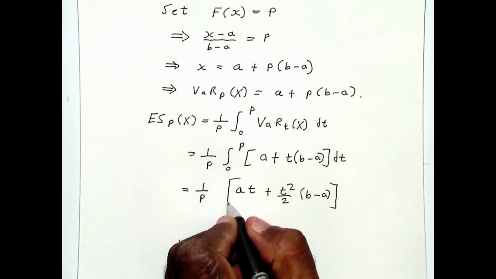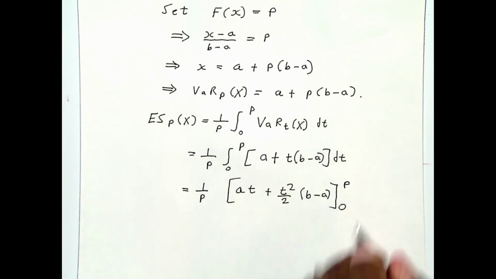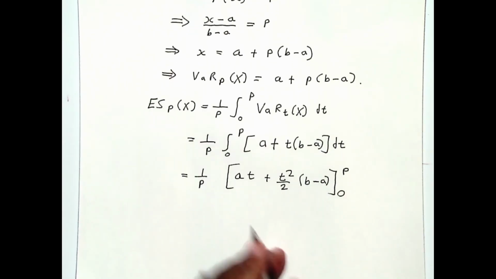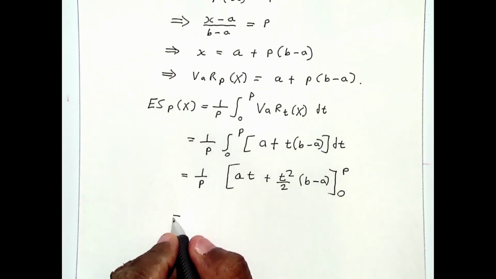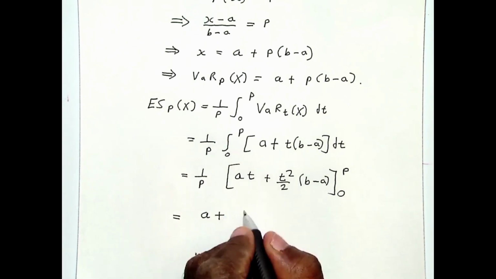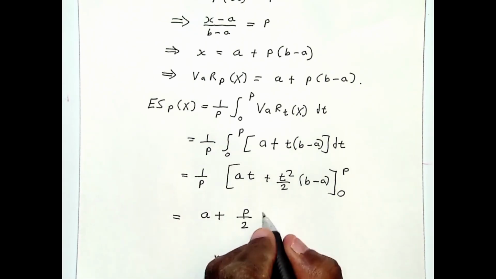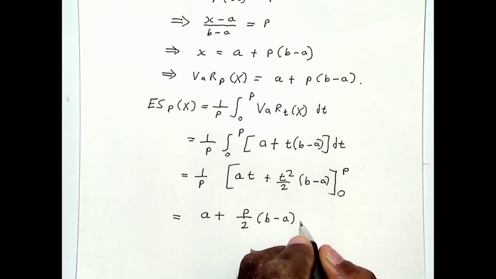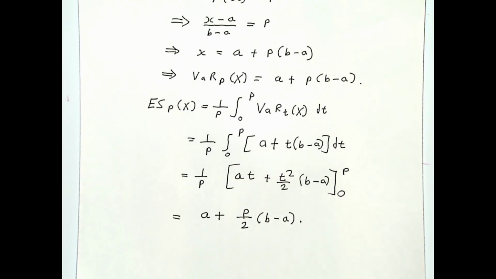Take the limits from 0 to p, and you simplify this, you will get a plus p by 2 times b minus a. So this is the expression for expected shortfall for part 3. Okay, now part 4.